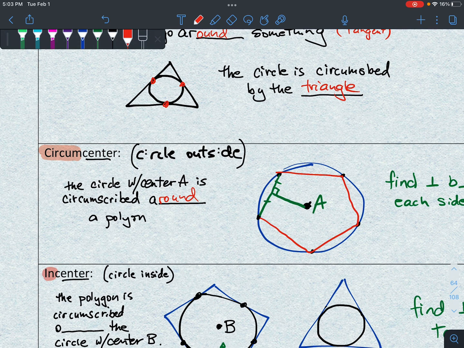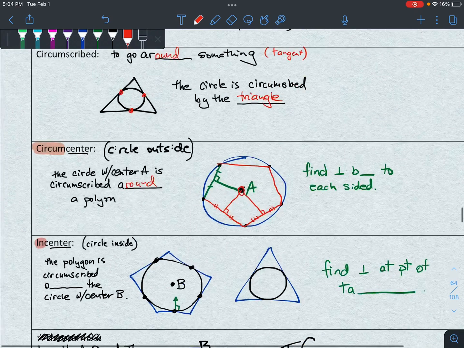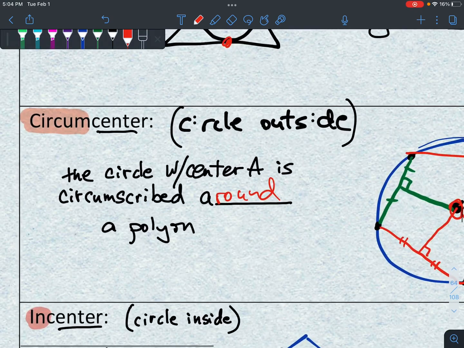It's important to find the circumcenter of this polygon, and to do that, we construct perpendicular bisectors of each side, and those perpendicular bisectors will each intersect at a spot known as the center of the circle. And again, what is it called? It's called the circumcenter.